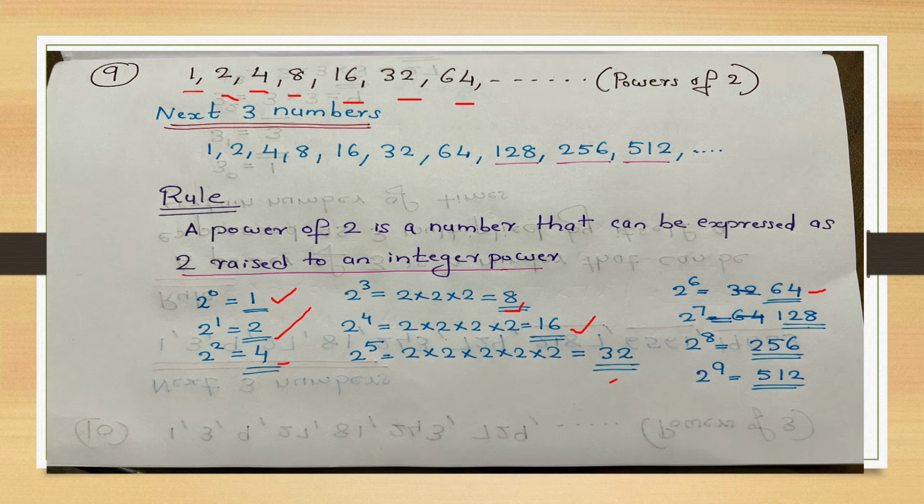What is 2 raised to 7? 128. Then 2 raised to 8, 256. Then 2 raised to 9, 512. So the sequence is 1, 2, 4, 8, 16, 32, 64, 128, 256, 512. These are powers of 2.